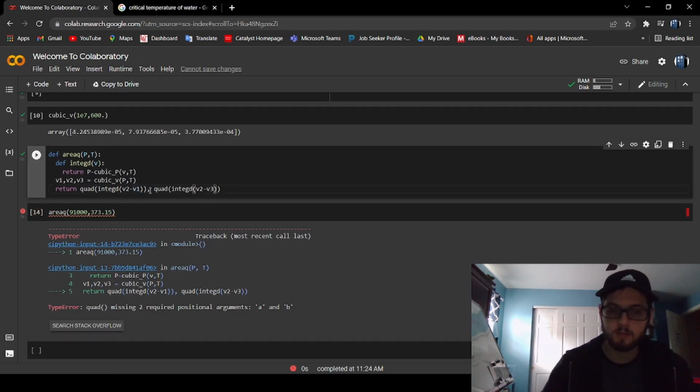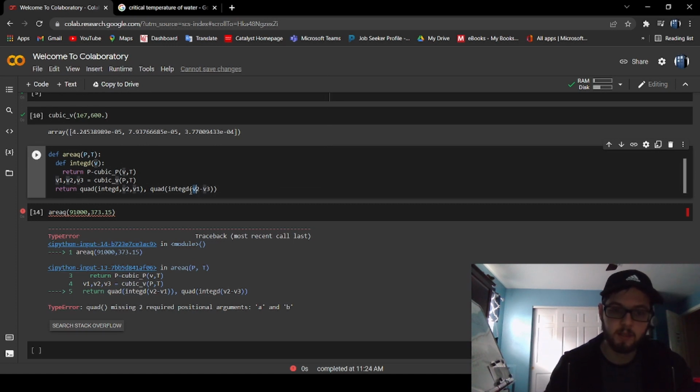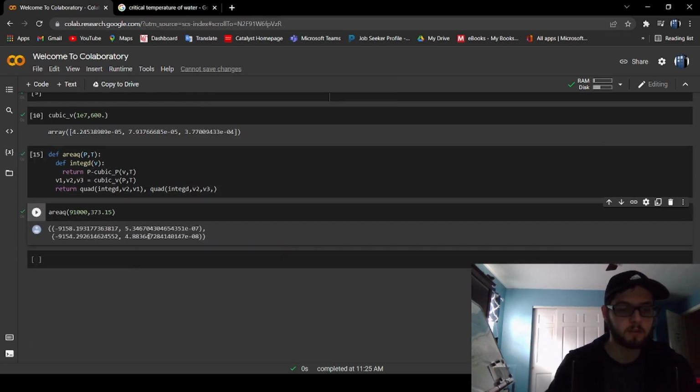Okay, so it is commas. You just do this, not what I was doing, because you have to give a function, then the limits of integration, not the function of the limits of integration. That's not how this works. Okay, so those are the correct values, so I did that right.